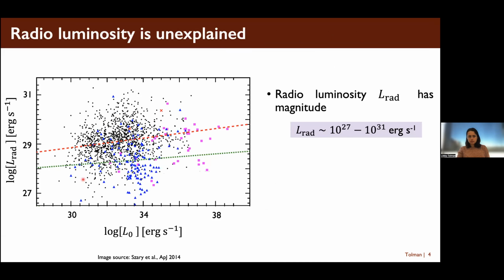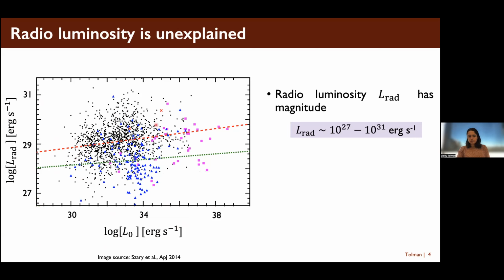For the first of these, the radio luminosity, we can see some observations on the left side of this slide. This is a plot from an observational paper where along the x-axis you have the spin-down luminosity. You can think of it as a rough measure of how much luminosity is available to all the processes in the pulsar. Along the y-axis you have the radio luminosity.